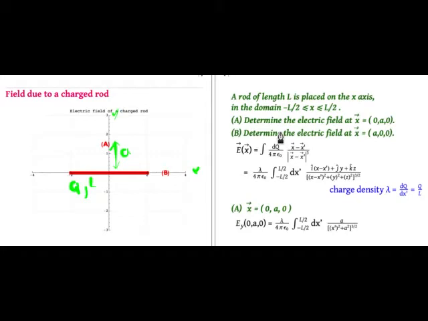And then part B of the problem is to determine the electric field at a completely different point, B, which is located at coordinates (A, 0, 0). So this distance, it's not drawn to scale, this distance is also A.